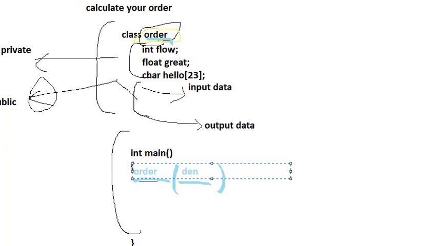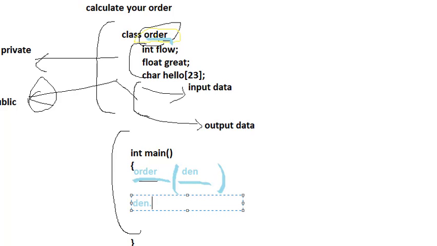And then you're going to take this very same name, den, and write dot and whatever function you're calling. Assuming that our function names are input data and output data, we're going to go for den dot input with a function call, and then to display or output the data, we're going to write den dot output with open close brackets and a semicolon.